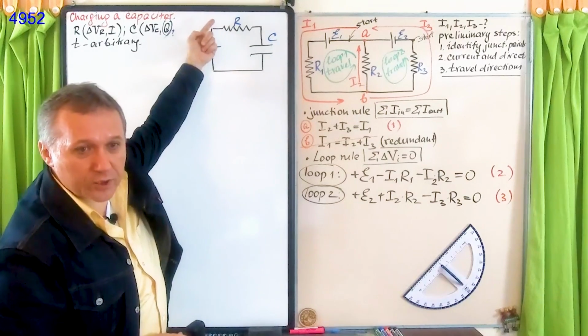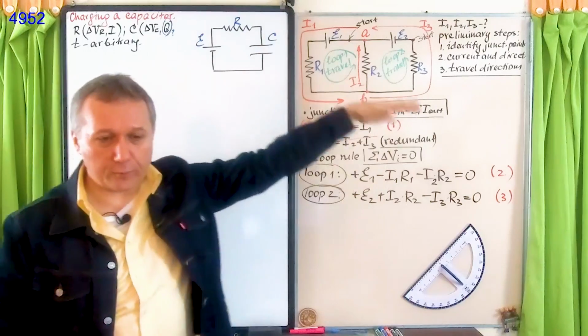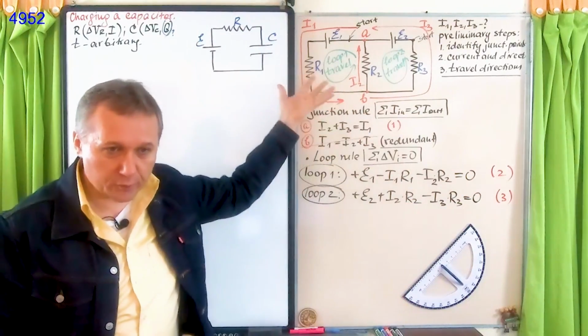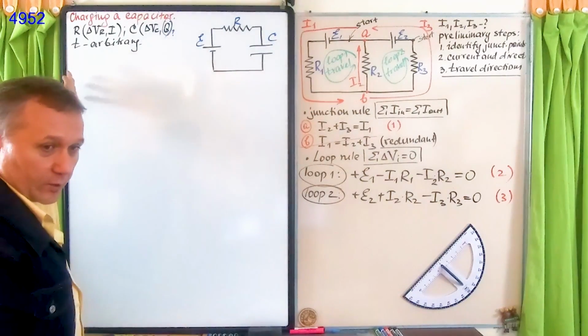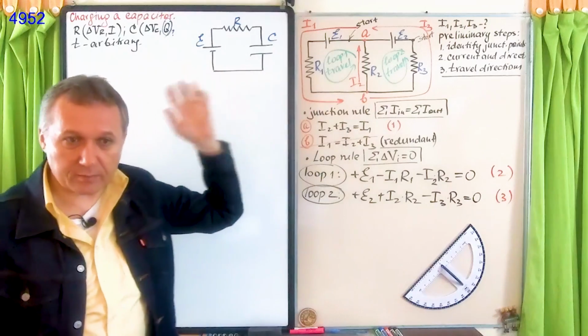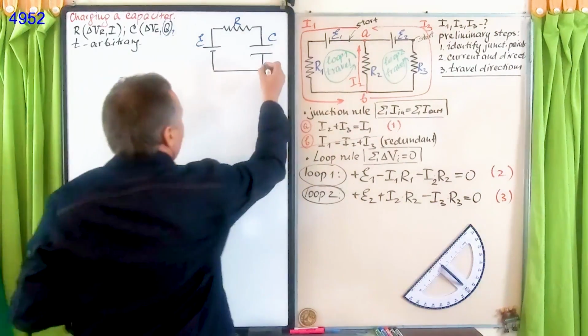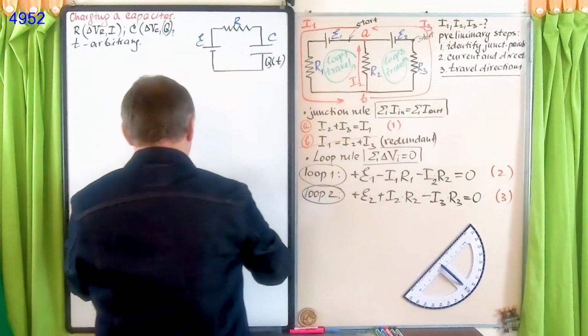At the initial moment, t equals 0, you close the switch, and then you wait for a very long period of time, observing what happens in this circuit. So t is somewhere between 0 and infinity, some arbitrary moment of time. Of course, at that moment, there will be some charge over here, q, which is a function of time.